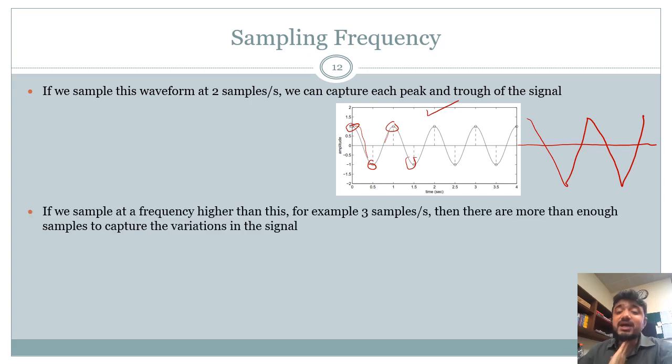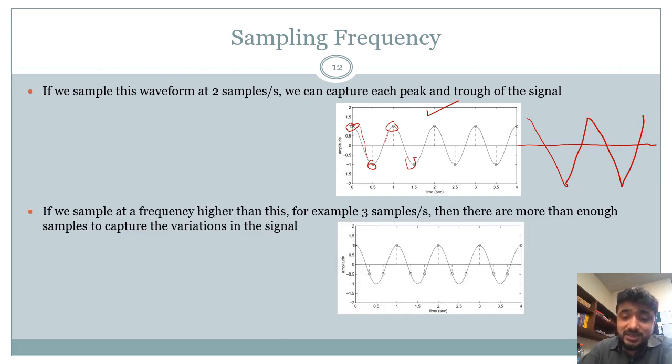So if we sample at a higher frequency than 2 samples per second, then there are more than enough samples to capture the variation of the signal. Here you can see we have a sample here, and here, and here, for the first second, and for the second second you have a sample here, here, and here. So the frequency would be preserved, and the wave would look somewhat like this.